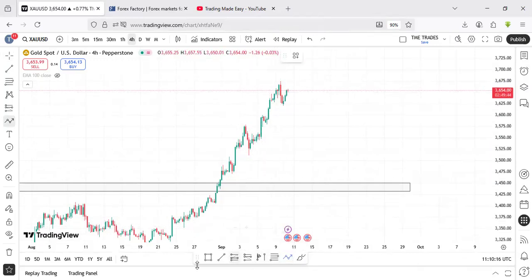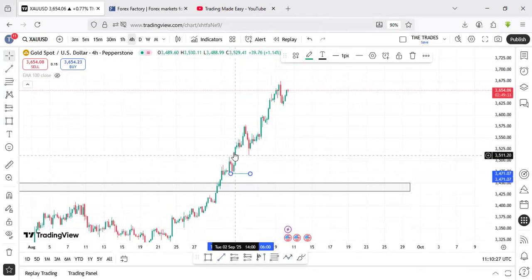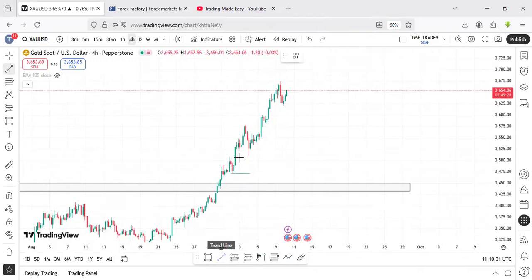But I want us to understand something and watch closely in this market. Once this market creates a higher high, this particular place, this is the higher low that led to this higher high, right?